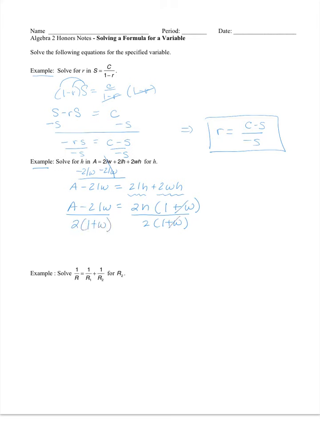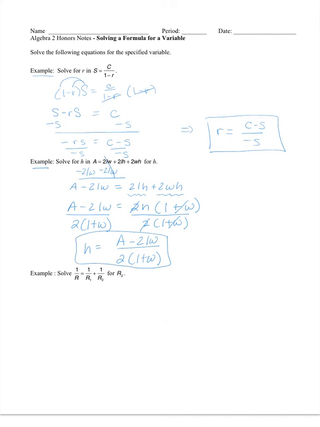Then I can simplify the right-hand side, which would allow me to solve for h. So now I have h equals a minus 2lw over 2 times (l plus w), and I'm done.